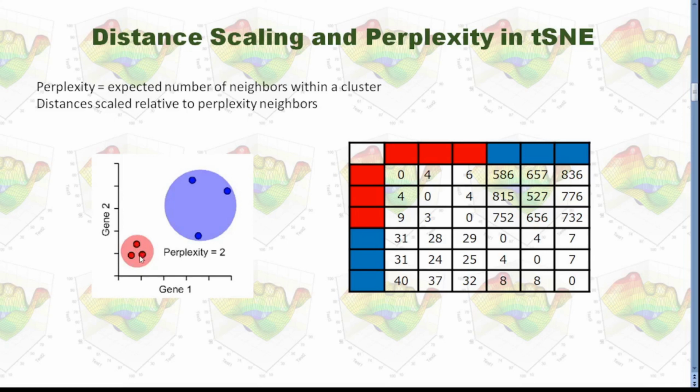So including itself, it will be 3. And perplexity equal to 2 in this graph will say, okay, those 3 are a group because they are close to each other. And those 3 blue dots are one group because they are close to each other.